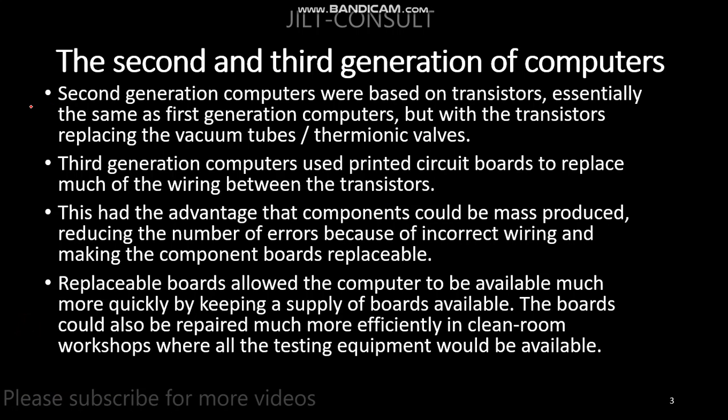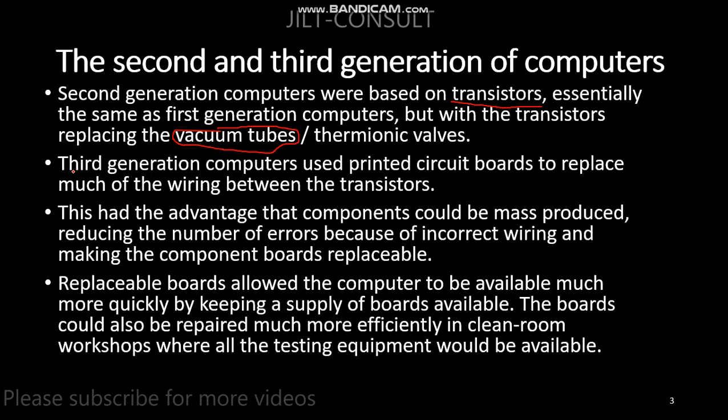So we're saying that second generation computers were based on transistors, essentially the same as first generation computers, but with the transistors replacing the vacuum tubes. I taught you that first generation computers use vacuum tubes, and these second generation computers are now using transistors.